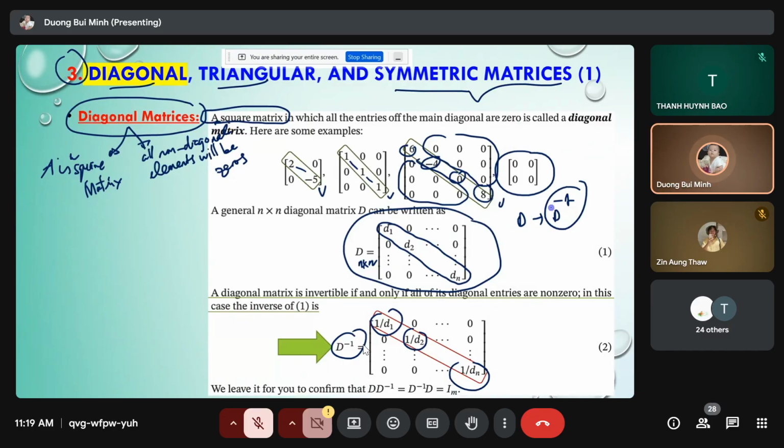We just take the reciprocals of the diagonal elements.